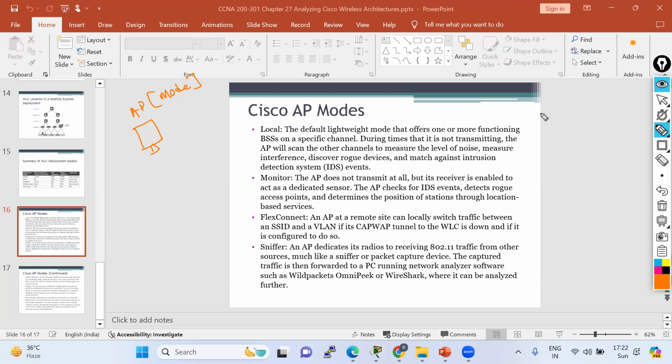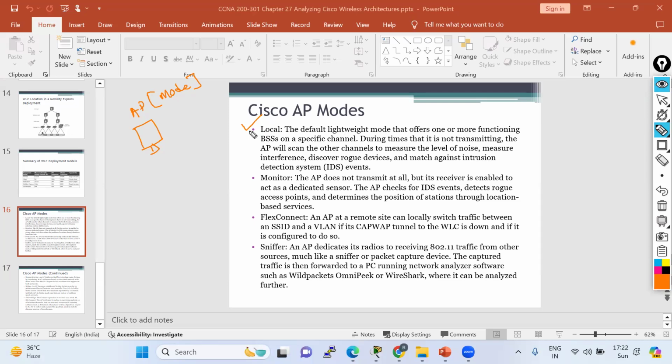During the times that it is not transmitting, the AP will scan other channels to measure the level of noise, measure interference, discover rogue access points, and match against intrusion detection system, IDS, events also. Whenever you purchase an AP, by default the mode of the AP is the local mode.